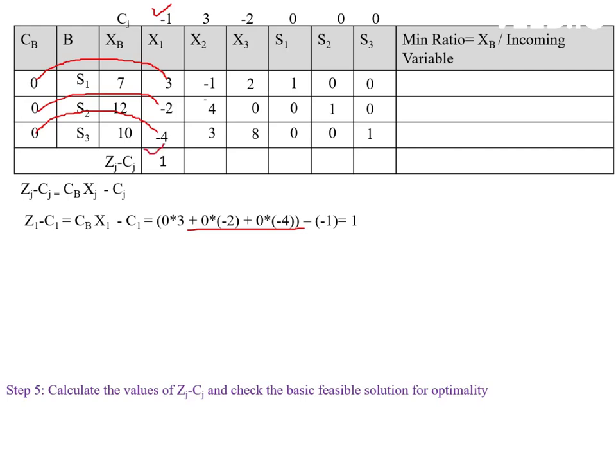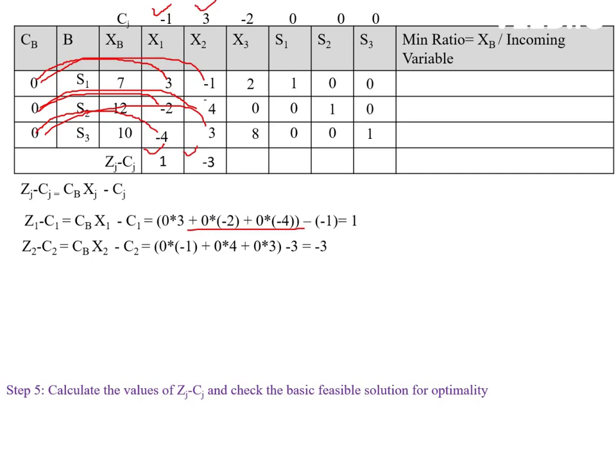Similarly, you have to calculate Z2 minus C2, which is equal to CbX2 minus C2. CbX2 means 0 into -1 plus 0 into 4 plus 0 into 3 minus C2. C2 value is 3. So the value will become -3. So enter the -3 value here.